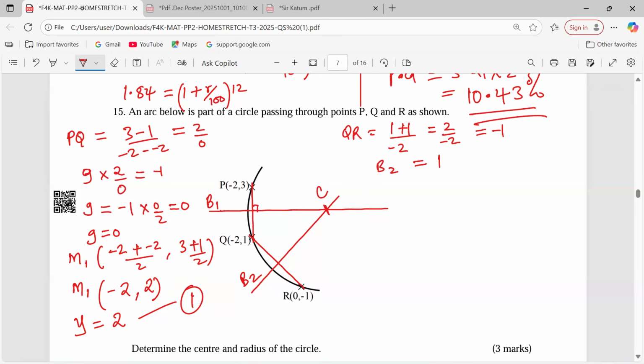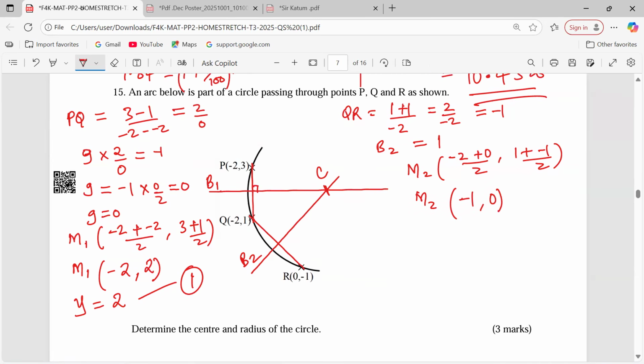The gradient of B2 is 1. And where is B2 passing through? Midpoint 2, where B2 passes, shall be the midpoint of QR, which is negative 2 plus 0 over 2, then 1 plus negative 1 over 2. So midpoint 2 shall be negative 1, comma, 0 over 2, which is just 0.